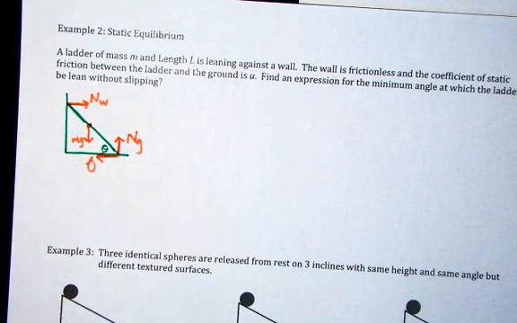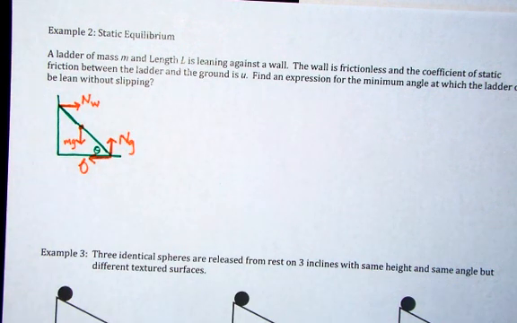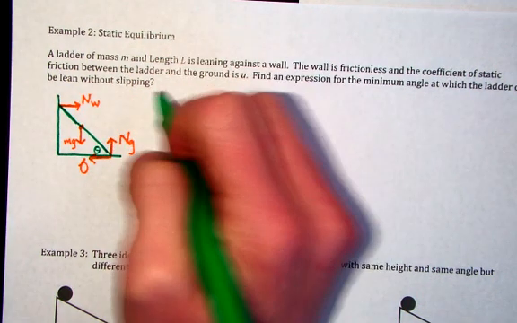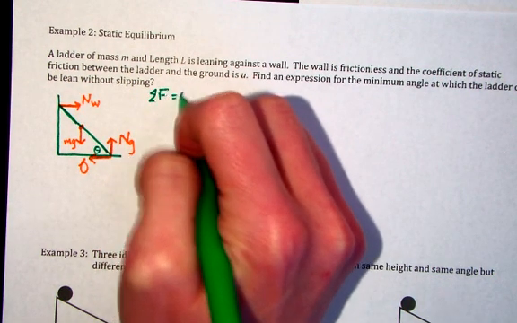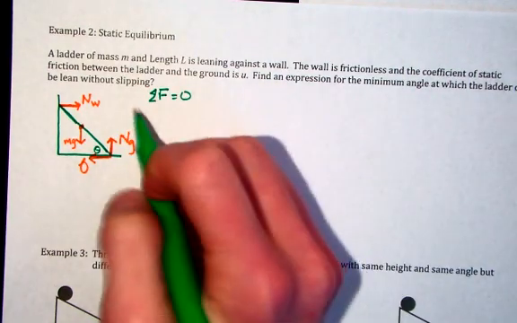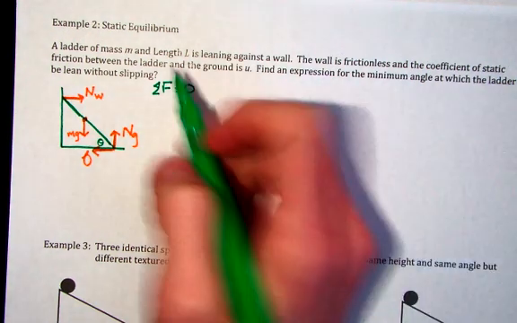Now the ladder is leaning without slipping. What does that tell us about our net force? The net force equals 0. Because of that, we can look at our 2 directions. Net force is made up of your x component force vectors and your y component forces.